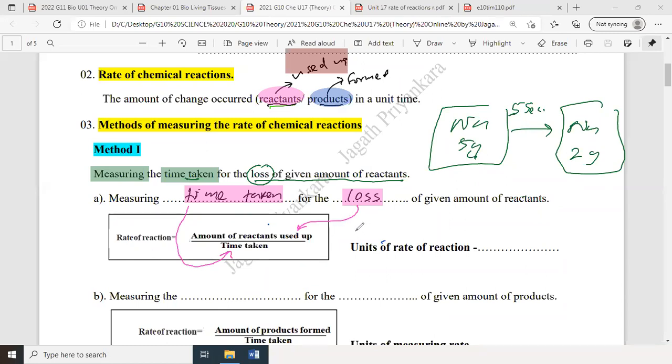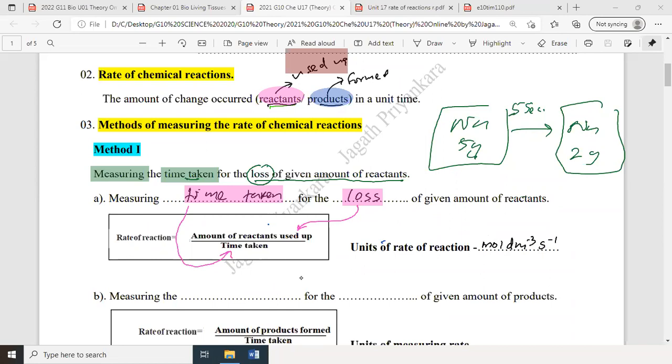Please write moles per cubic decimeter per second. Moles per cubic decimeter means concentration. Per second means time taken.